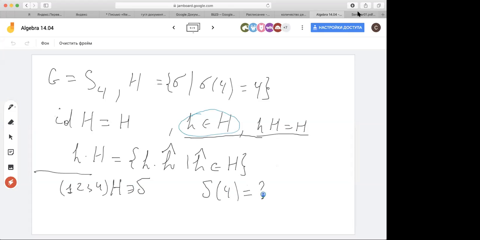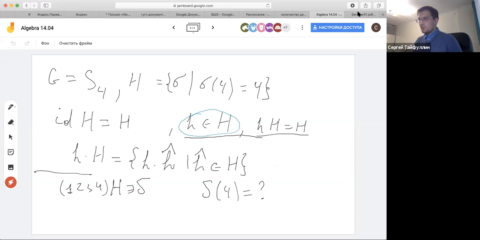It equals 1, because what is delta? Delta equals (1, 2, 3, 4) multiplied by some sigma, where sigma belongs to Hb. Sigma takes 4 to 4 because of the definition of H, and then the permutation (1, 2, 3, 4) takes 4 to 1.